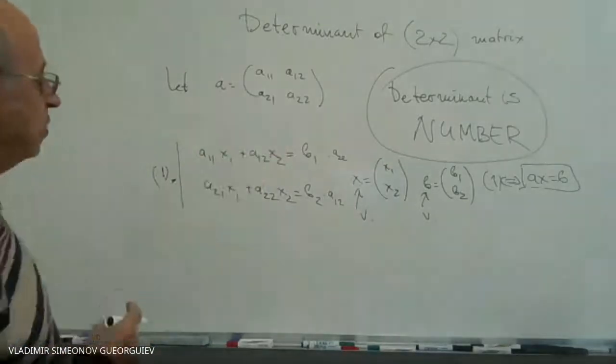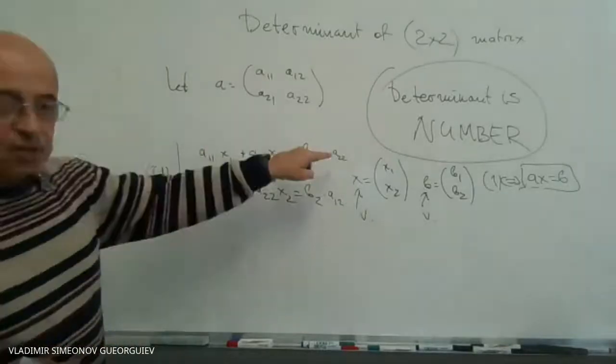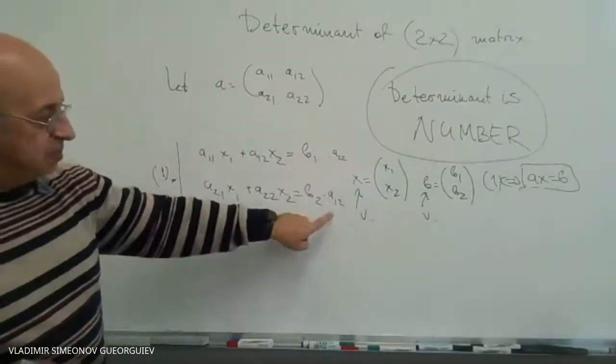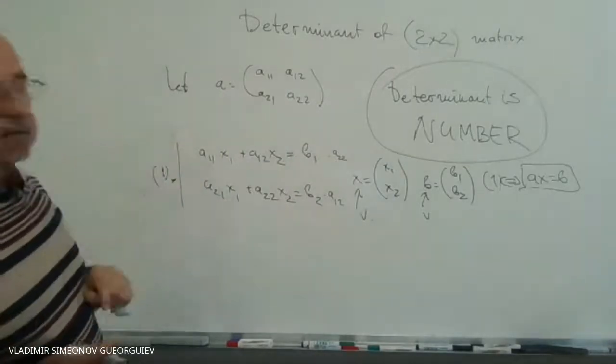But what is this equation? We multiplied the first equation by A22, the second by A12, and then we take the difference.